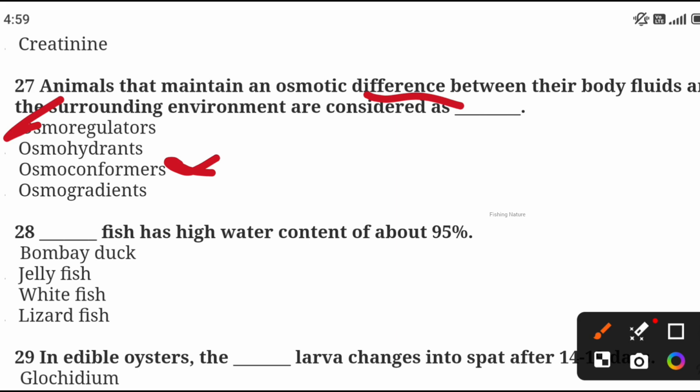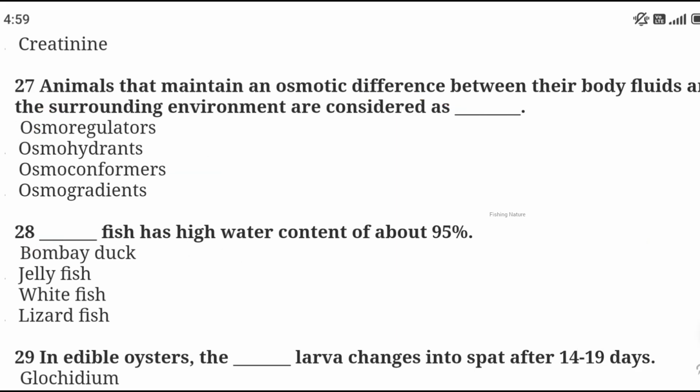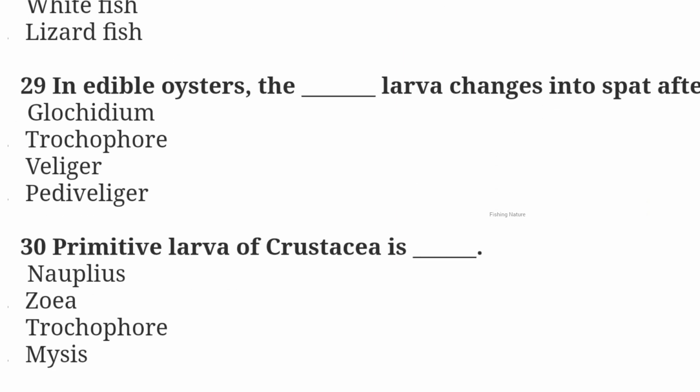Next, dash fish has a high water content of about 95%. Which fishes have about 95% water content? All of you know that the Bombay duck has the highest amount of water content. Next, in edible oysters, the dash larva changes into spat after 14 to 19 days.